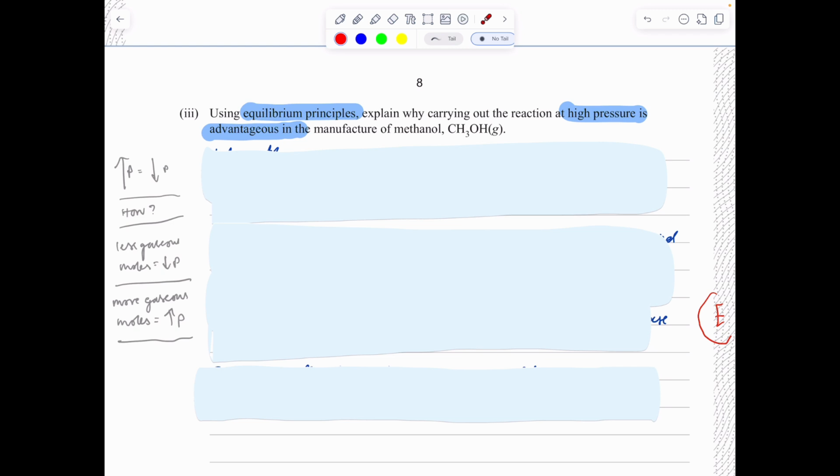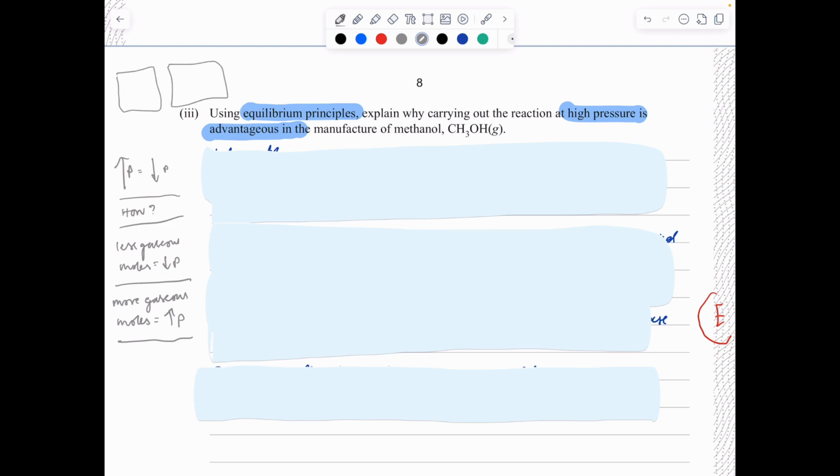Well, it has to decrease the pressure by shifting in the direction which has the least amount of gaseous moles, because less gaseous moles means less pressure, and more gaseous moles means more pressure. If we're visualizing that, think of these two boxes.